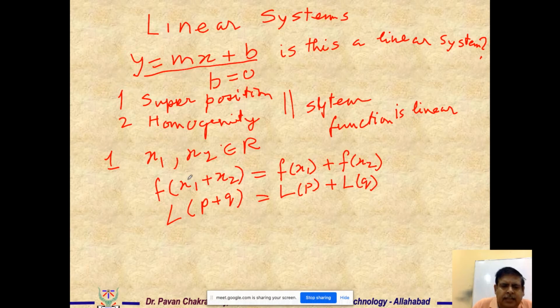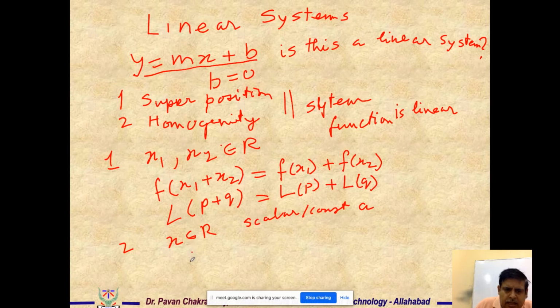And my second condition, the homogeneity condition, is that if I have a variable x which is part of my world, and I have a scalar or a constant a, then my function f of ax is equal to f of x times a.